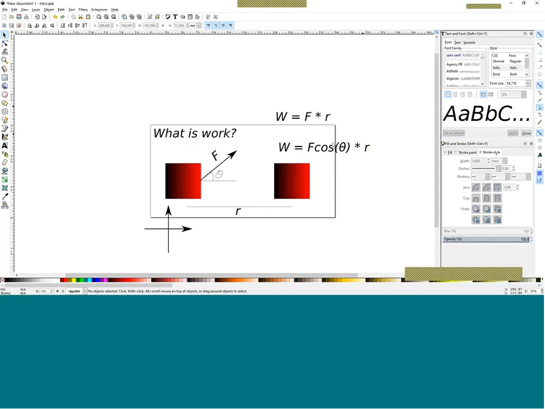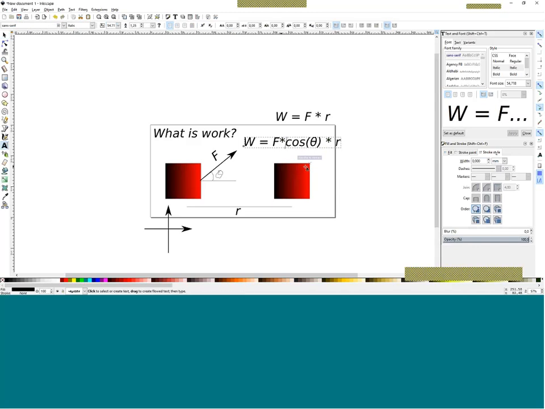Why is it that we're getting the cosine? What is cosine theta in regards to, why is it F times cosine theta? Why is it not F times sine theta? Good that you guys know the answer. The question is, why is this the answer?